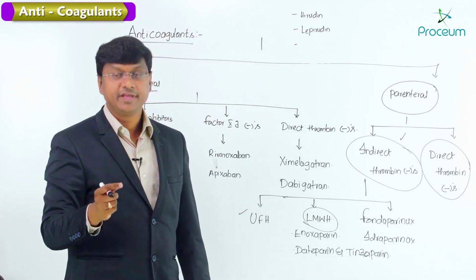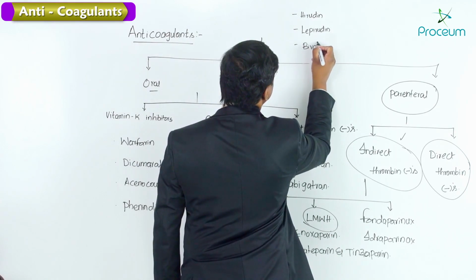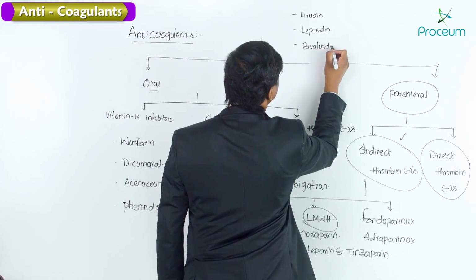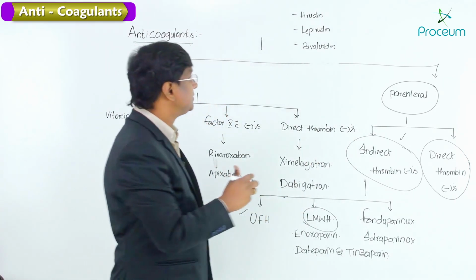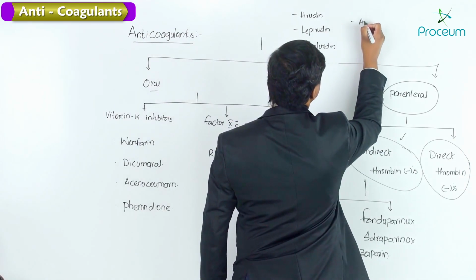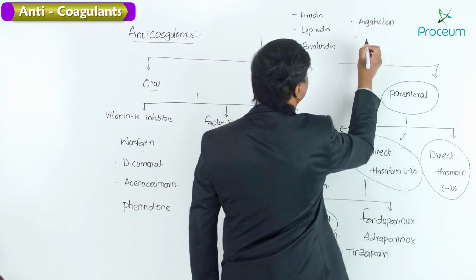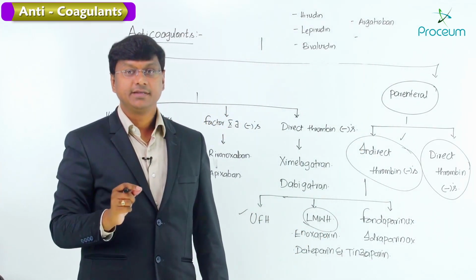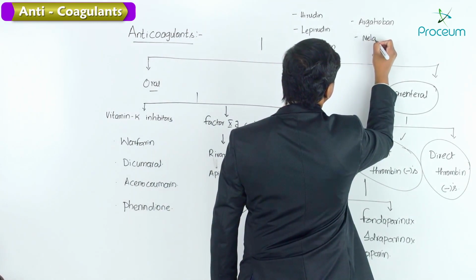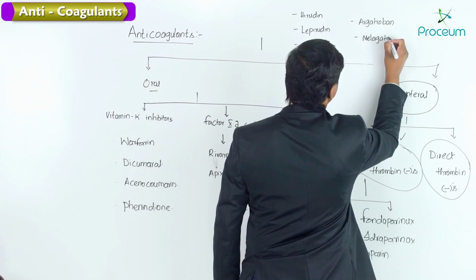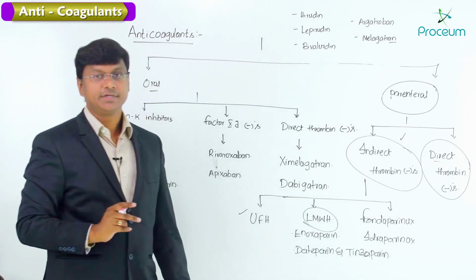Then followed by that we have bivalirudin, fourth we have argatroban, then melagatran. So these are the examples of direct thrombin inhibitors.